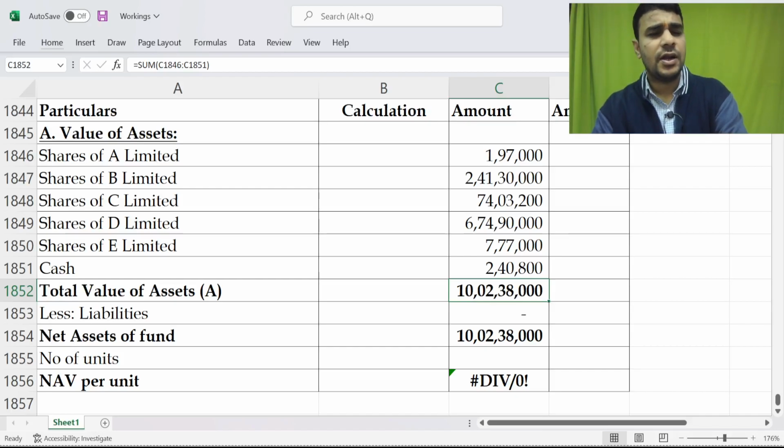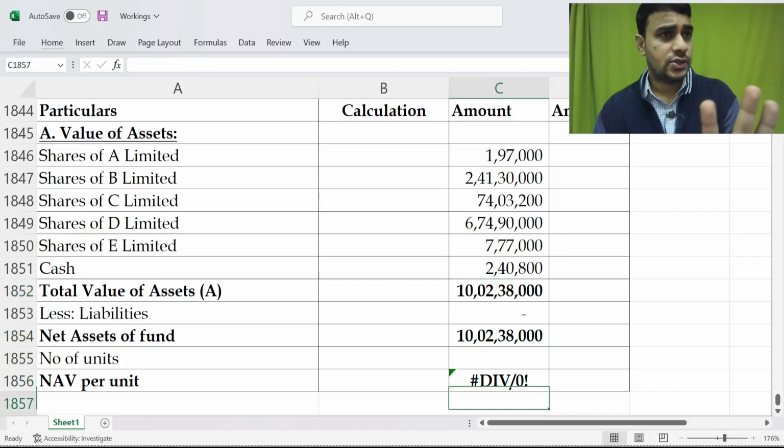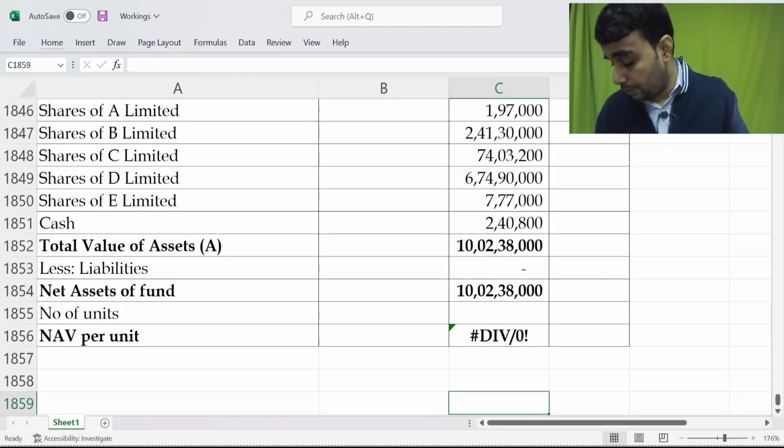Okay. Now coming to the number of units. This is also one doubt which many students have asked me. Any doubts till now? You write till this. I'll come to number of units.